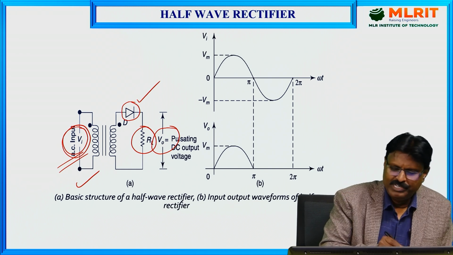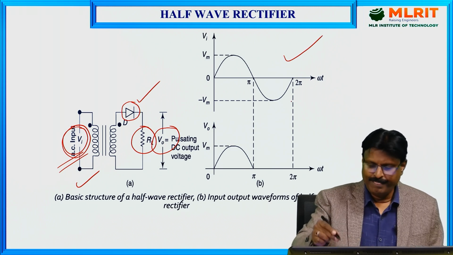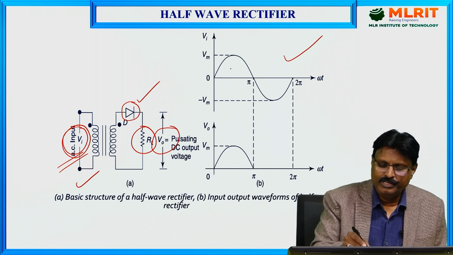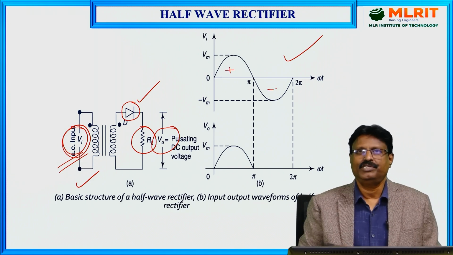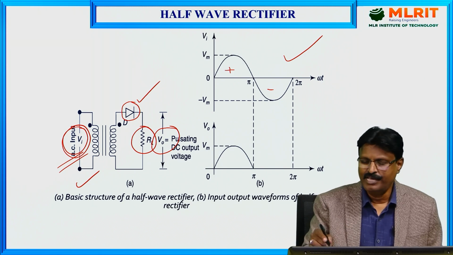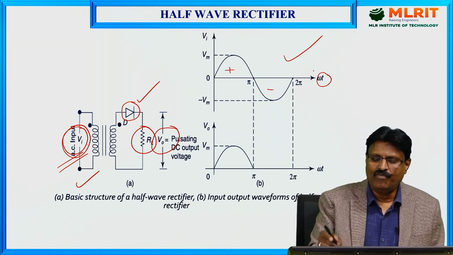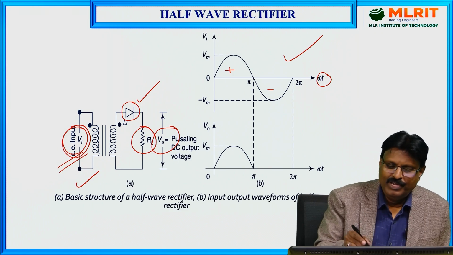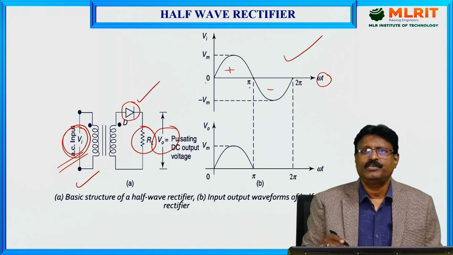Because it is an AC input, it is represented like this. As you can see, Vi is a sinusoidal signal. This is a positive half cycle and this is a negative half cycle. Here, the angle omega t, angle of conduction: whenever omega t is in between 0 to pi, this is a positive half cycle.